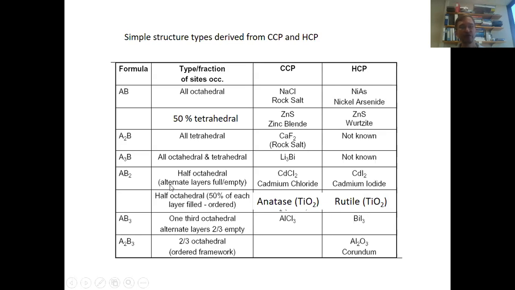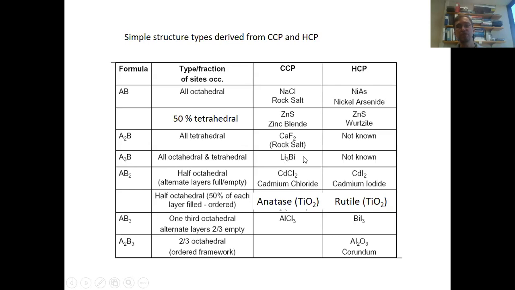So now I see that there are, of course, more possibilities. We could, for instance, also have a composition A3B, 3 cations, 1 anion, and one possibility to realize this structure would be to fill now all the octahedral holes and the tetrahedral holes.